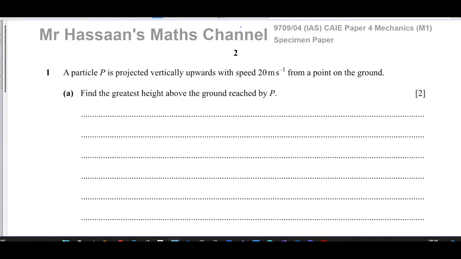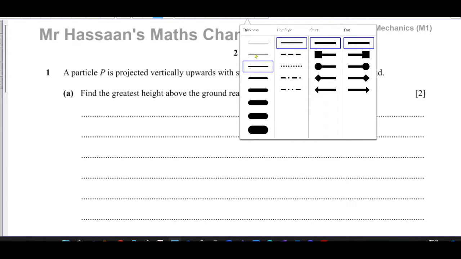Okay, so here's a question about vertical motion under gravity. So what we do is we take the ground level.